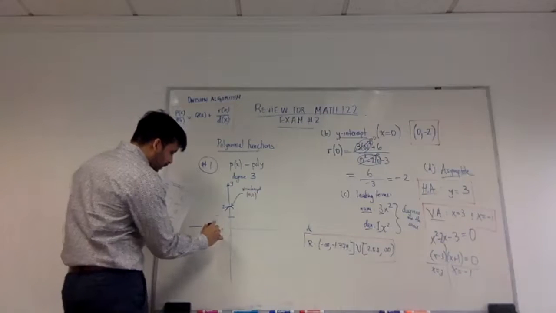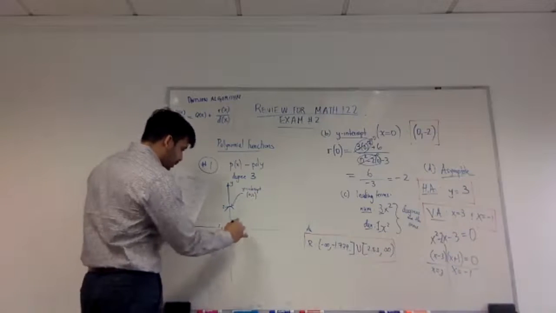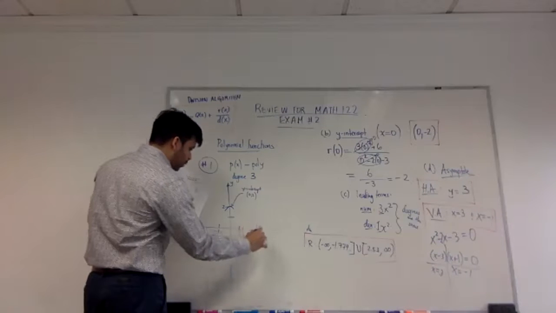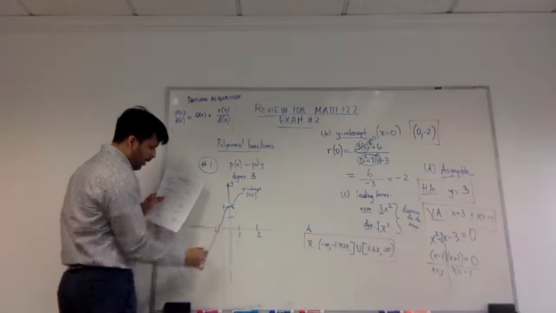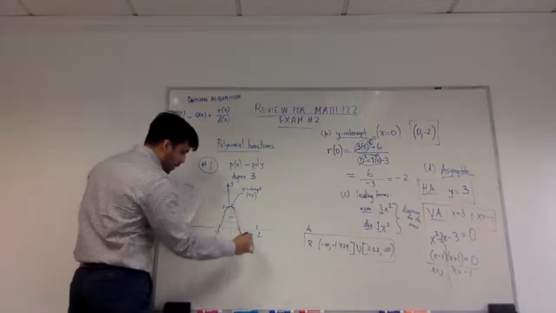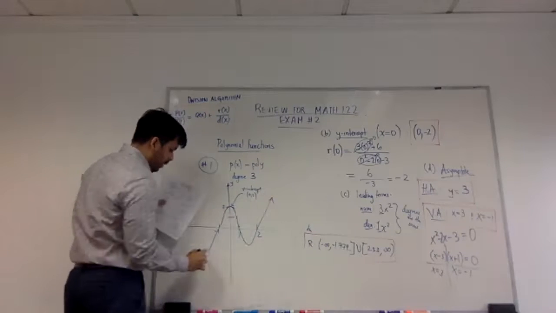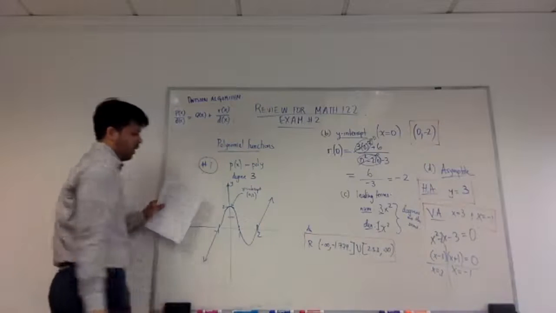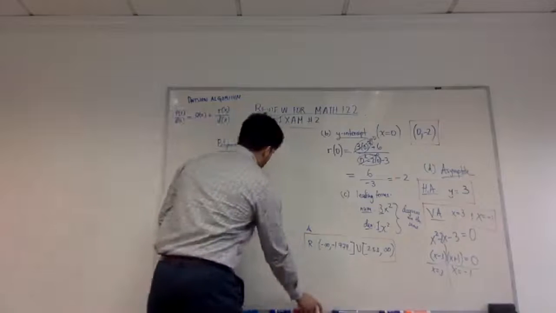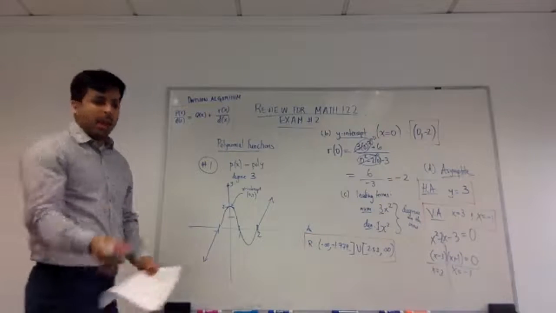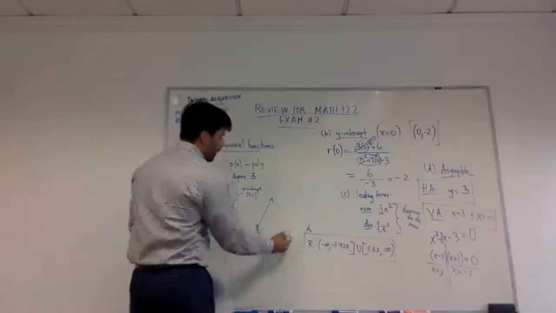My x-intercepts are -1 and 1 and 2. So I'm particularly interested in when does it cross my y-axis and when does it cross my x-axis.